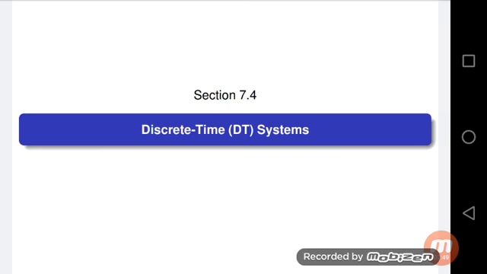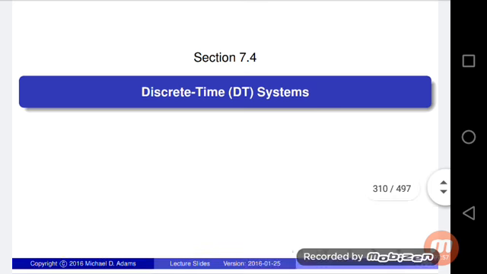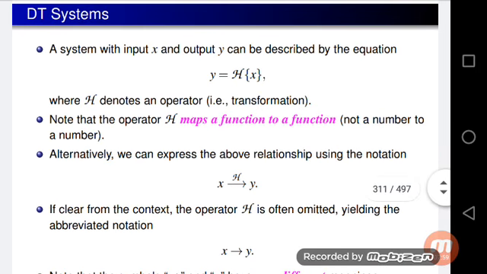Next topic is discrete time systems, DT. Okay, discrete time systems. How to define discrete time systems?